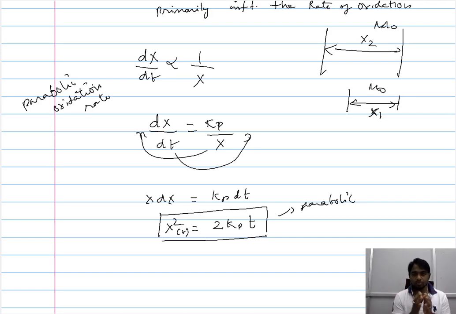Now when you integrate it, in order to calculate the thickness of a metal oxide at a given time t, you end up with a parabolic relation, and therefore this rate of oxidation is referred to as the parabolic oxidation rate.